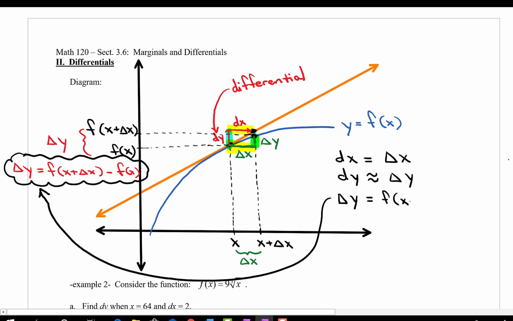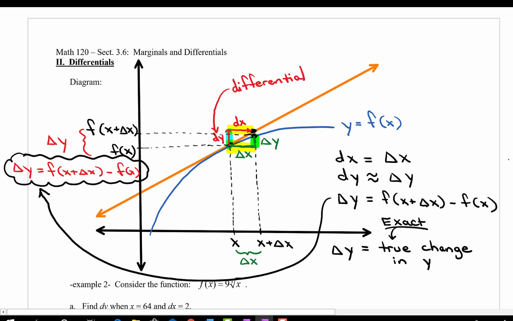Our delta y represents the true change in y, in other words, the exact change. We use an equal sign when we're talking about exact values. So it's the exact change in y. That's why we're allowed to use the equal sign there when I represent something with the delta y.